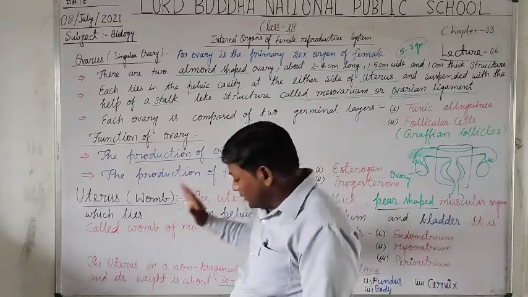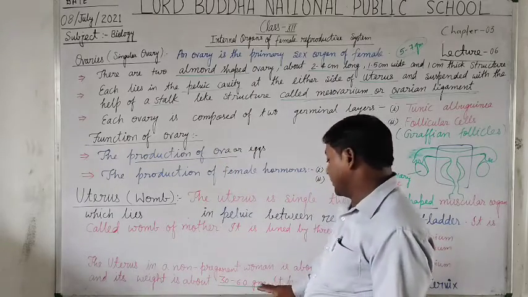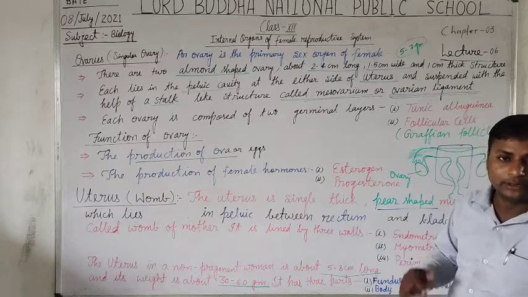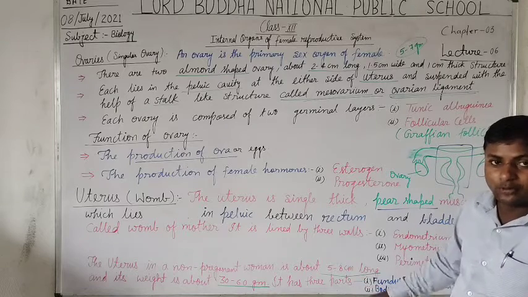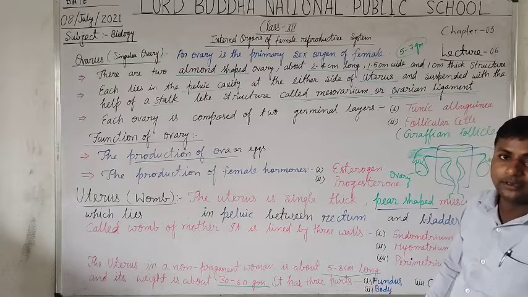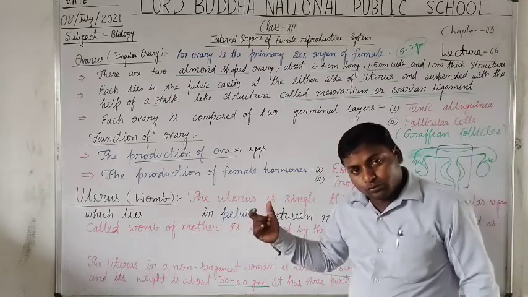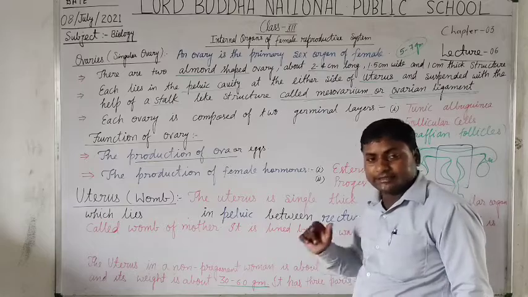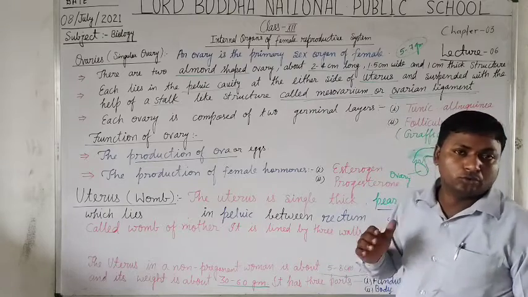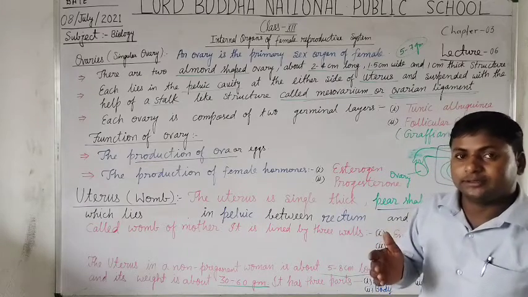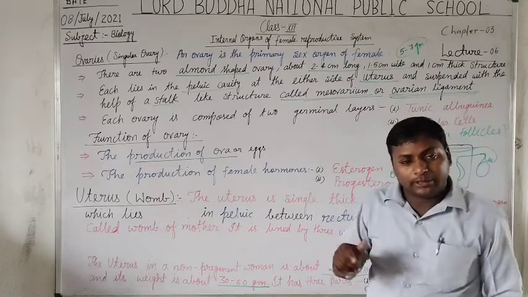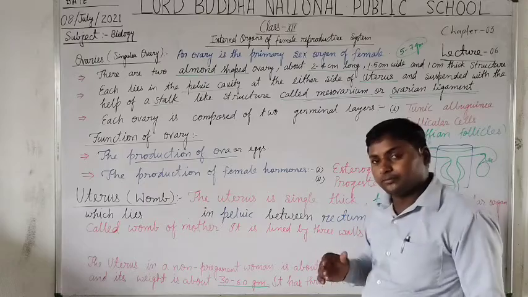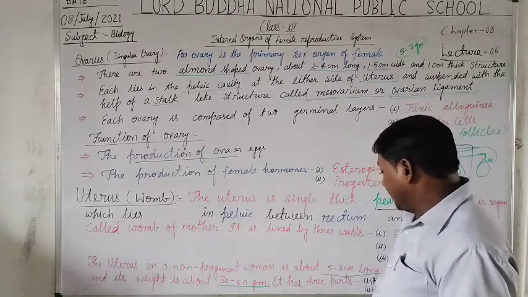Now students, the uterus in a non-pregnant woman is about 5 to 8 centimeter long, and its weight is about 30 to 60 gram. It means 1 to 2 oz. Oz is an American unit for measuring the weight of any matter.